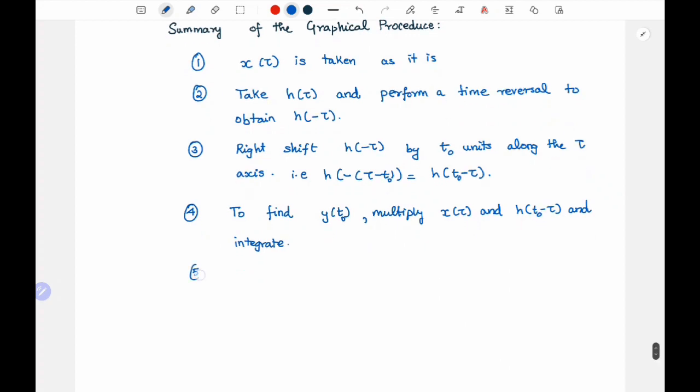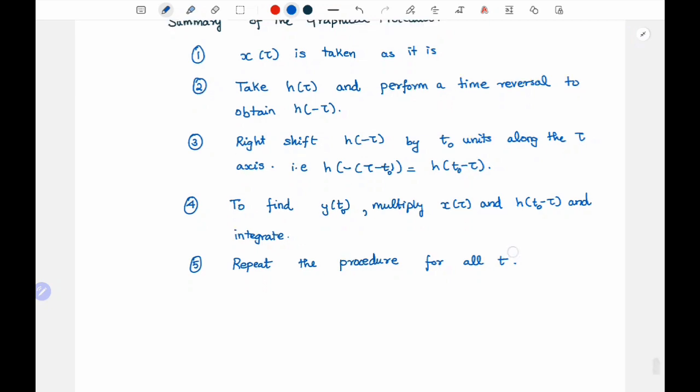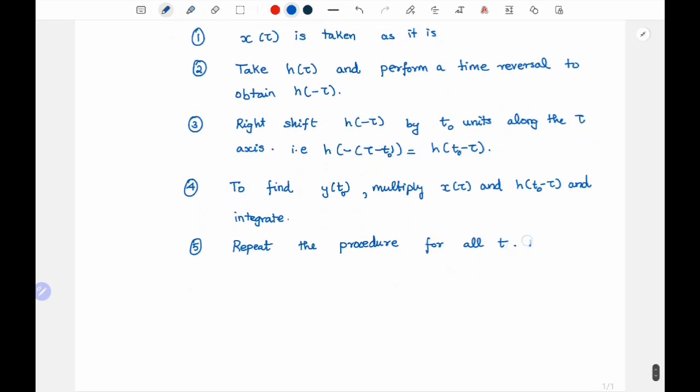So similarly, I have to repeat the same procedure for all t. Okay. In general, we can actually divide them into regions and then integrate.